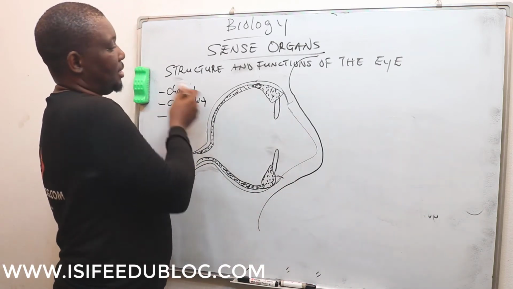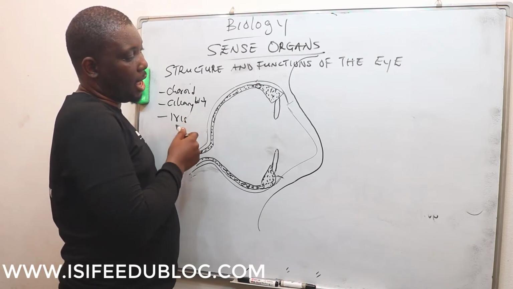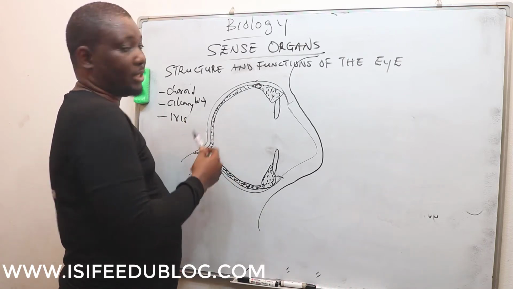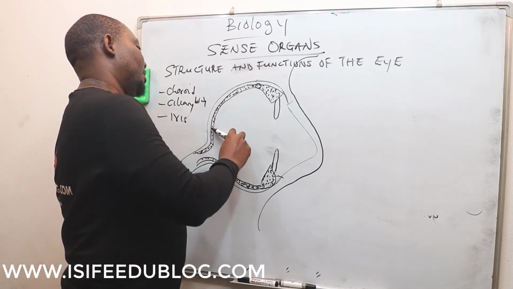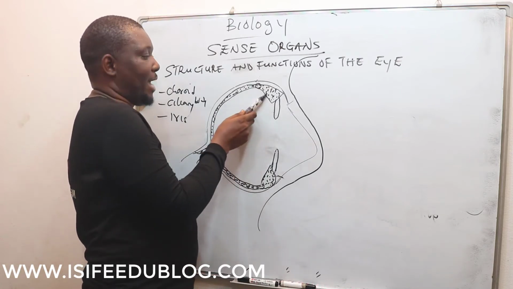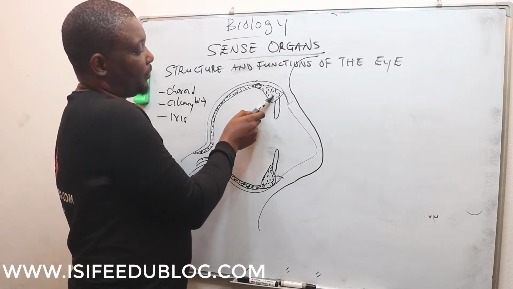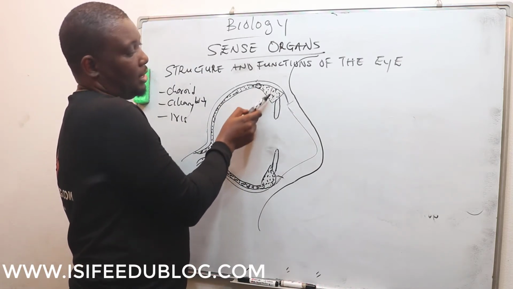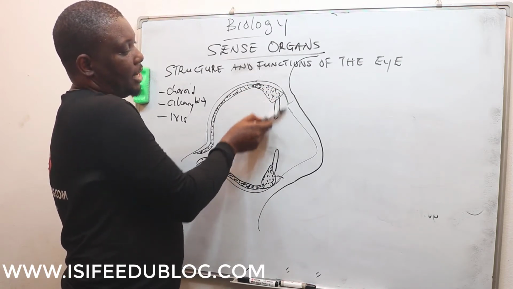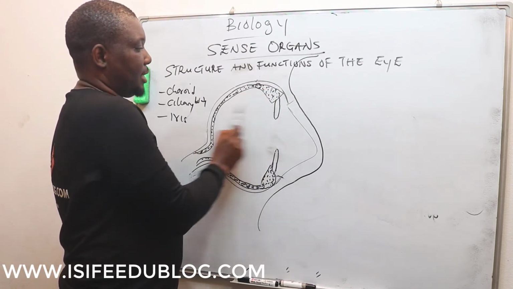So we have shown these three parts of the middle eye. The choroid, which I said is vascularized, the blood well supplied to these parts, which forms this body called the ciliary body, and an extension of the ciliary body is the iris.